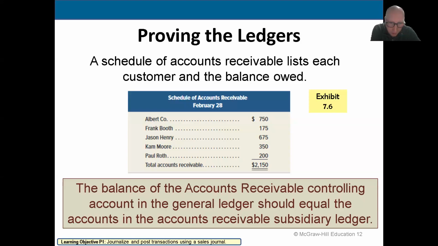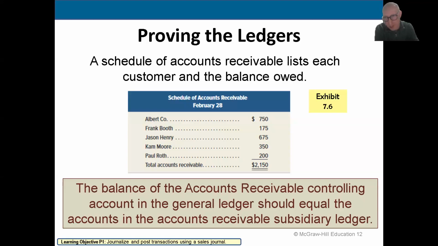What we do here is we're verifying the amounts that are owed, or the amounts that we expect to receive. Think of it like a detailed individual customer list that shows their balances. And what I do is I verify the amount that I expect to receive from each individual customer, and I compare that to their invoices.